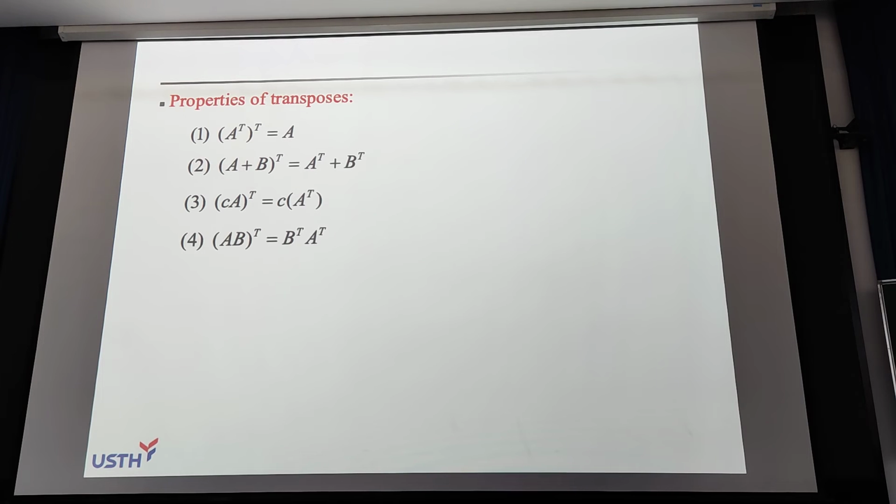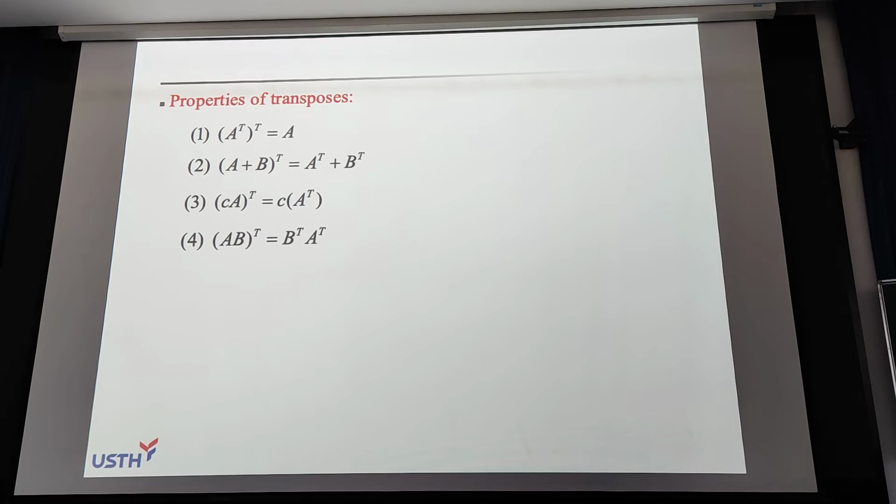And the last one, you should pay attention to. If you take AB and then transpose, it equals B transpose multiplied by A transpose. That is why I say you should pay attention to the order.